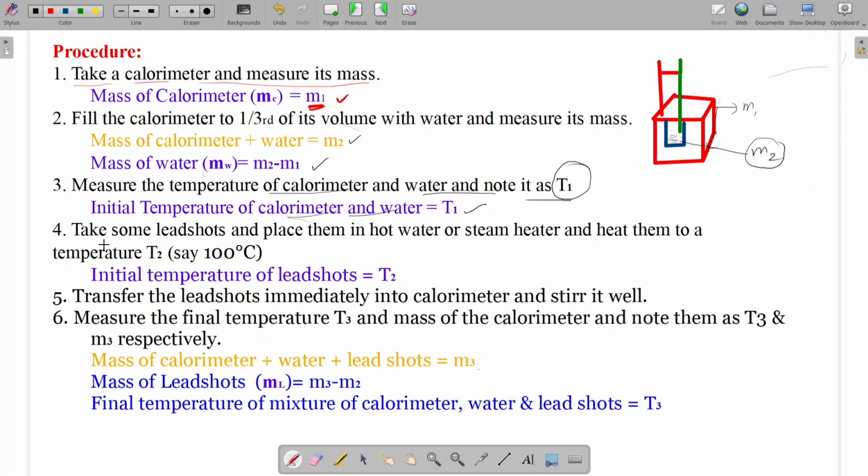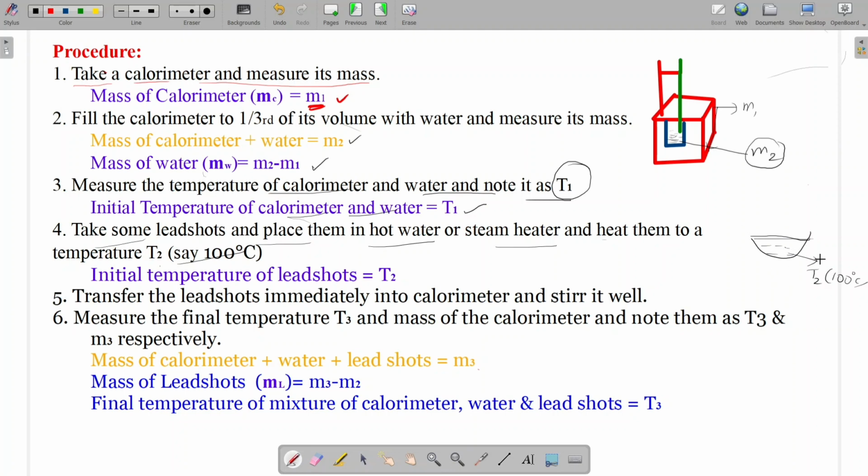Now take some lead shots and place them in hot water or a steam heater and heat them to a temperature T2, say 100 degree Celsius.